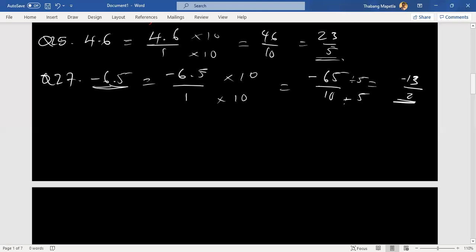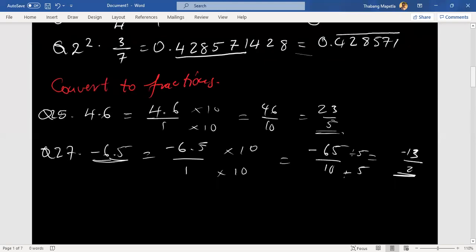Okay, I'm done with this exercise. Okay, fellas, sorry about that. Okay, converting repeating decimals.